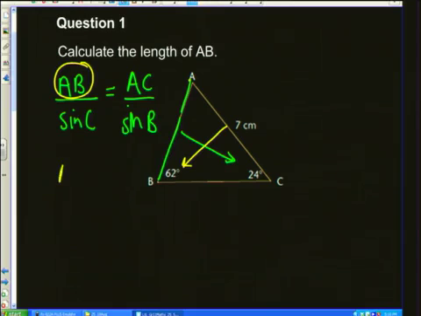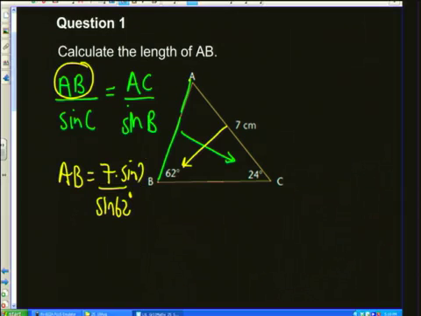So I get AB is equal to AC, I know is 7. I'm dividing it by sine of B, which is sine 62. And then I'm taking that across and I'm multiplying it by sine 24. Right, and I just use my calculator.